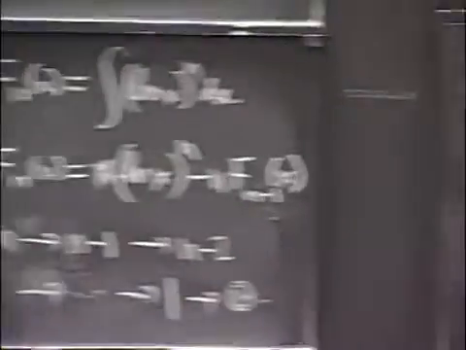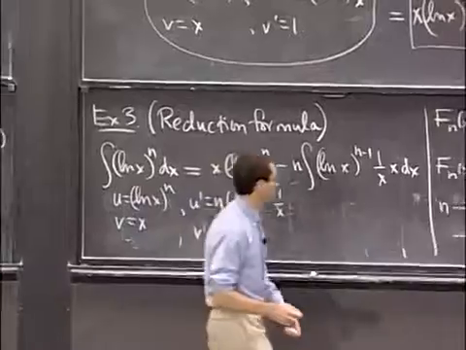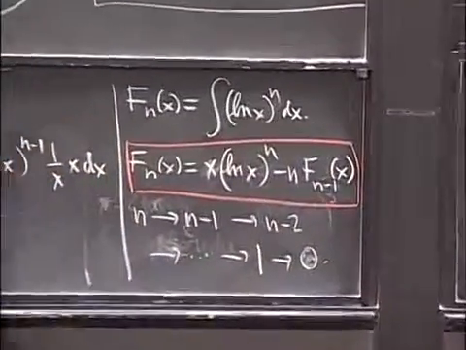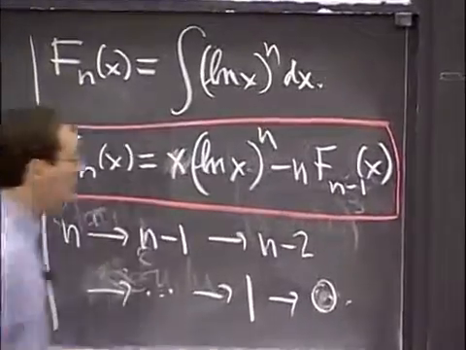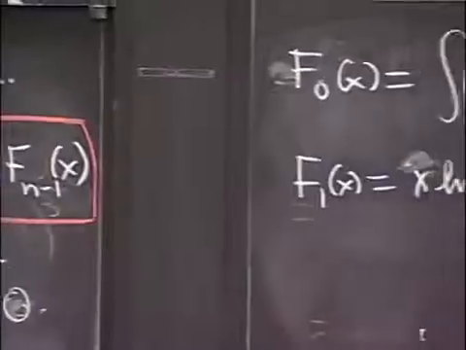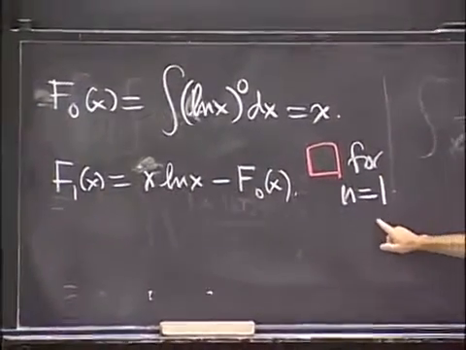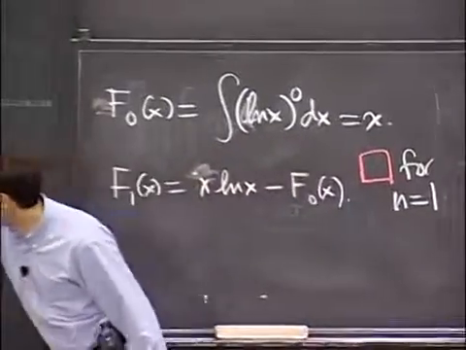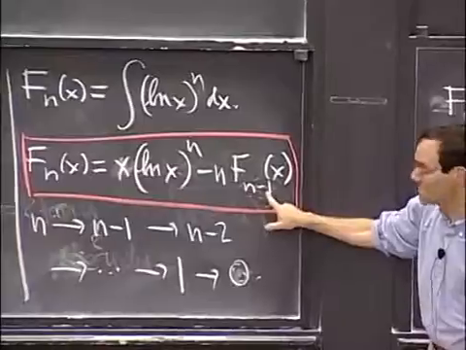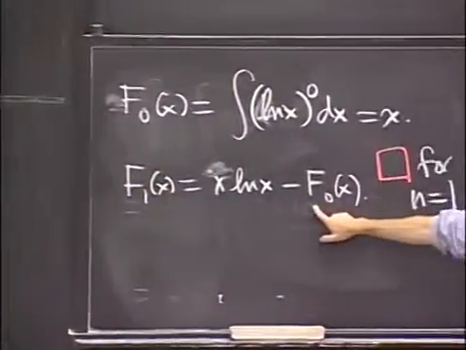So let me just put it in a box here. This is the method of induction. Here's the rule. And I'm applying it for n equals 1. I plugged in n equals 1 here. So here I have x log x to the 1 power minus 1 times f sub 0 of x. And that's what I put right here on the right-hand side.